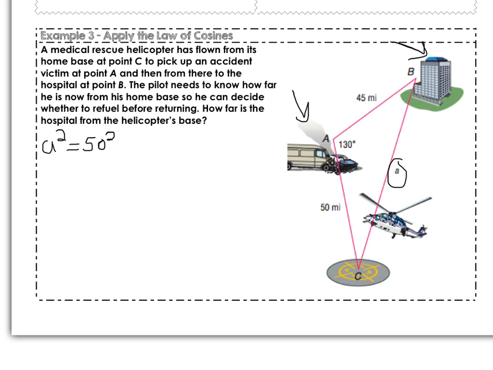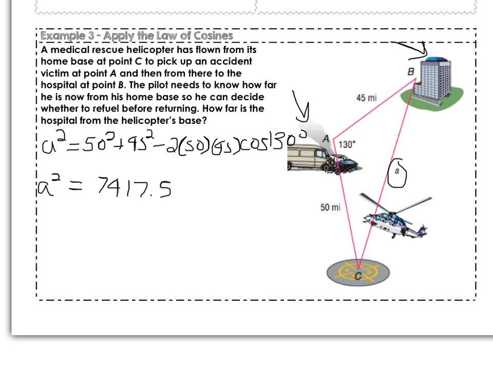Okay, so we then have 50 squared plus 45 squared minus 2 times this side and that side multiplied by the cosine of our angle 130 degrees. All right, so then we're going to start to simplify this expression here. And when you start to do that and plug things in, you're going to get 7,417.5.